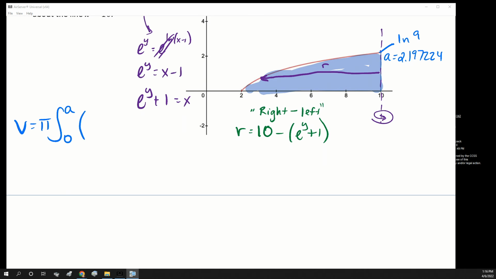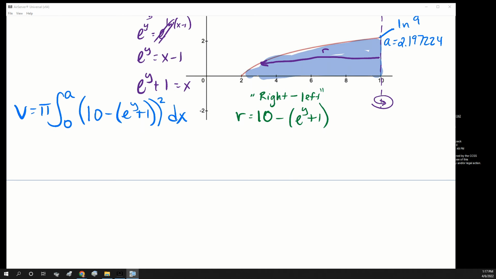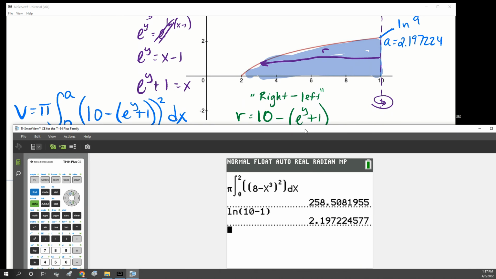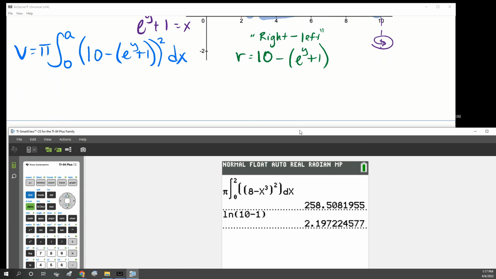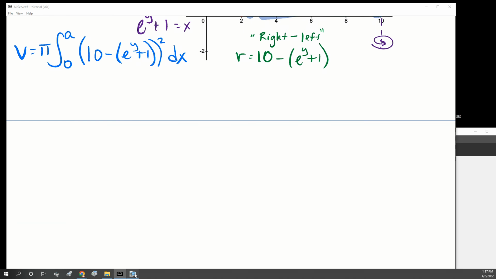Then it's going to be the radius, which is 10 minus, and then in parentheses, e to the y plus 1, close those parentheses, close another set of parentheses, squared, dx. Let me show you what we're going to do in the calculator with that. Oh, shoot.